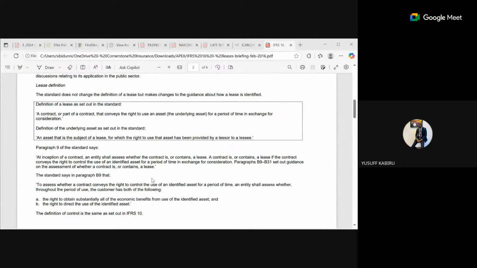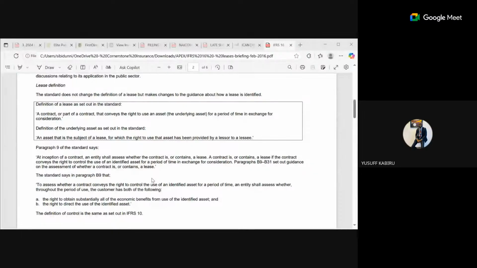But make sure you understand the standard. That is the most important thing. I am deliberately leaving out many of the preambles, they don't concern us. So we're moving straight to what a lease is. I will read the definition and explain it very well, then break everything down. I hope we'll be able to grasp it.